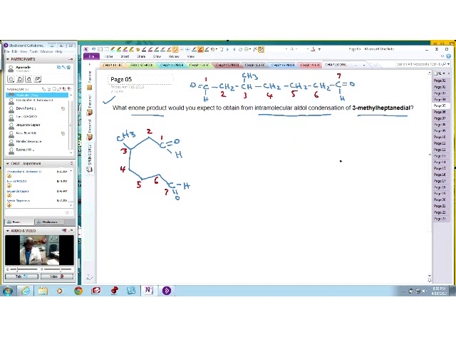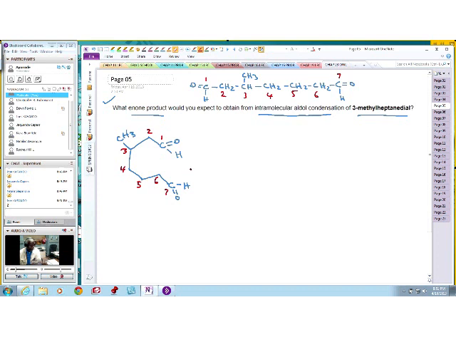Now, the question is, what product are we going to get from intramolecular aldol condensation? It could very well be more than one product. Let me ask you a series of questions. Which of these carbons could potentially be a nucleophilic carbon, in other words, the carbon from where you are going to generate the enolate anion?